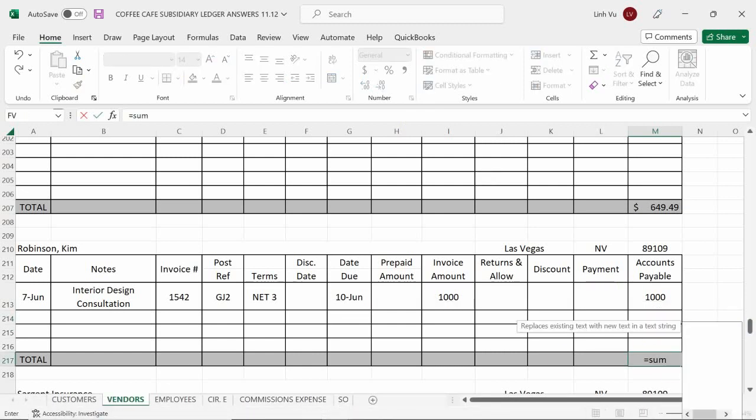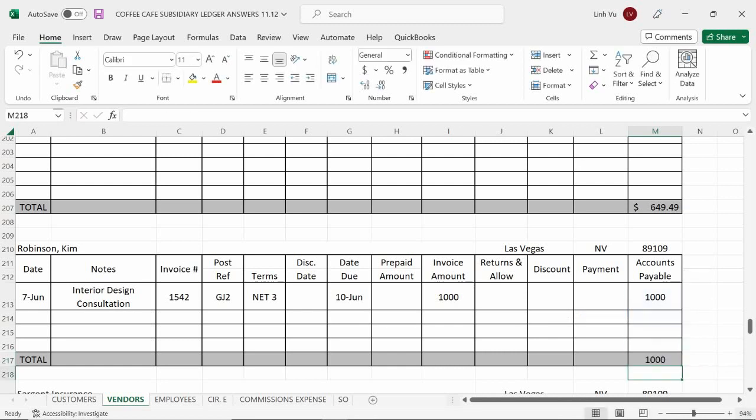And I'm going to go ahead and activate this sum, which equals the total that you owe, a grand total of $1,000 to Miss Kim Robinson. Okay? And we know for a fact it's due in 3 days, which is going to be on June 10.